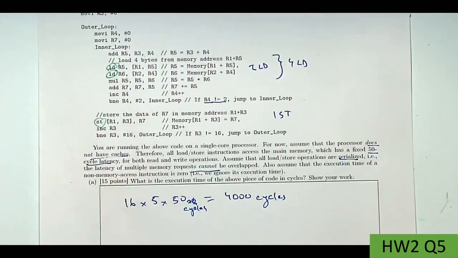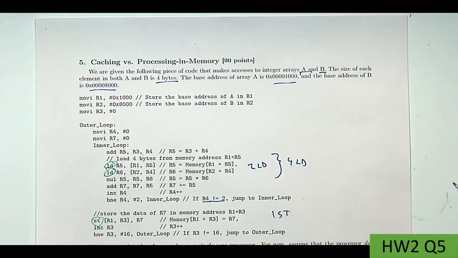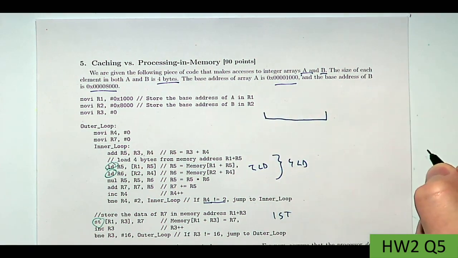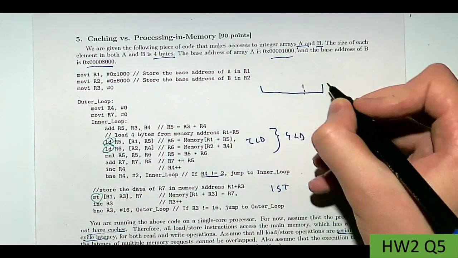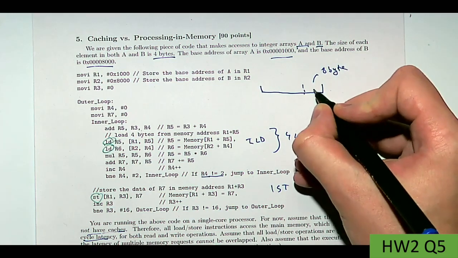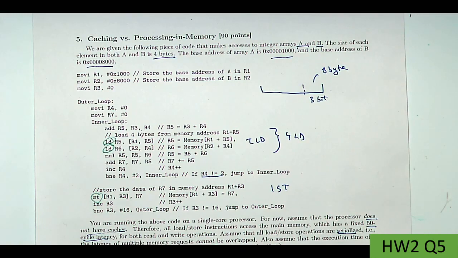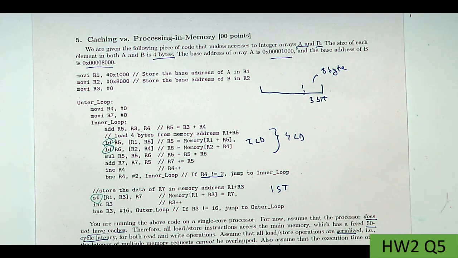Since we have 8-byte blocks, the last 3 bits of the address will be the offset, which byte within the cache block is addressed. Those least significant 3 bits will indicate that.